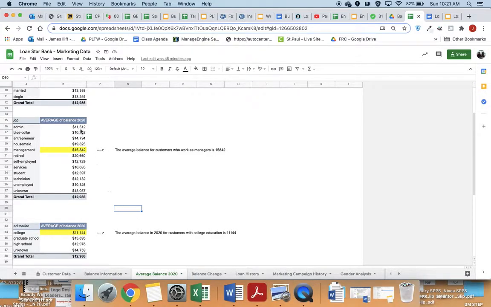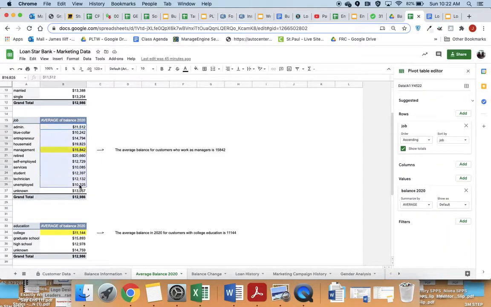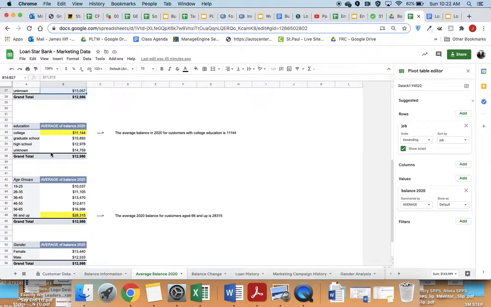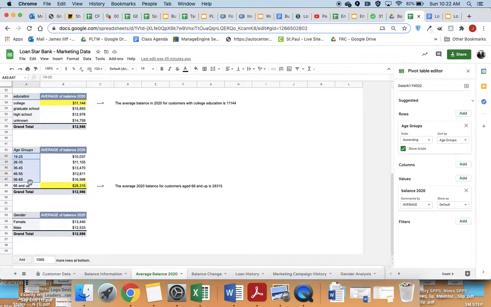So that's interesting. And you can look here and see some trends, who's the highest, who's the lowest. Here's by college education. Here's by age. Again, account balance by age. And then account balance by gender.